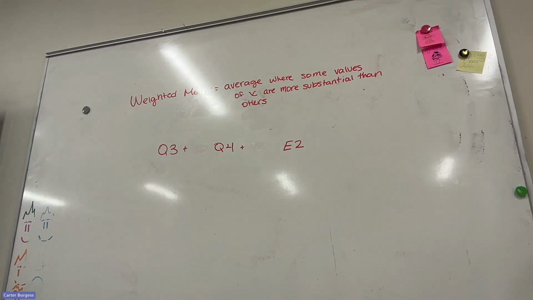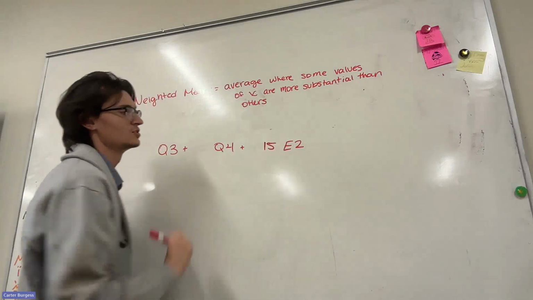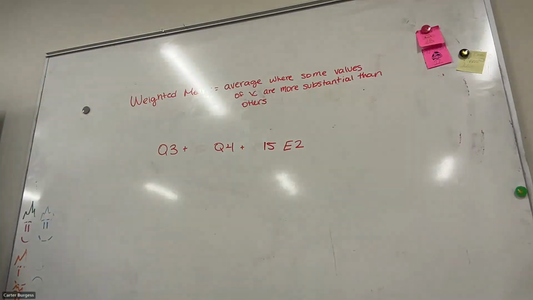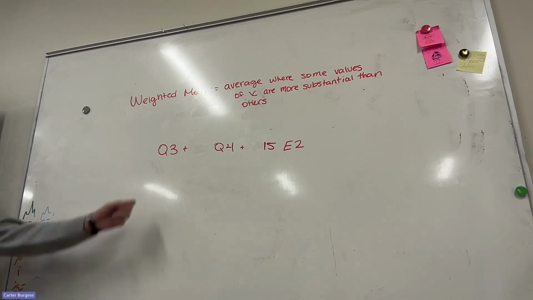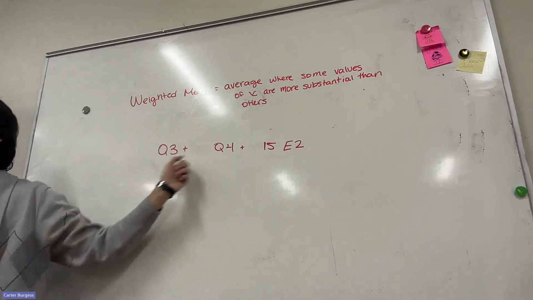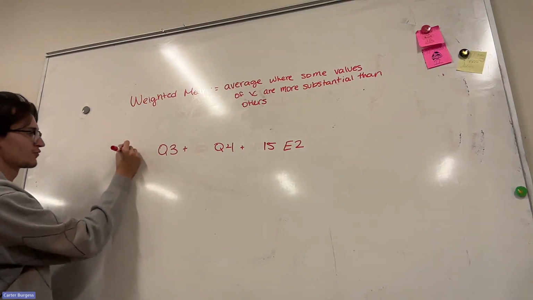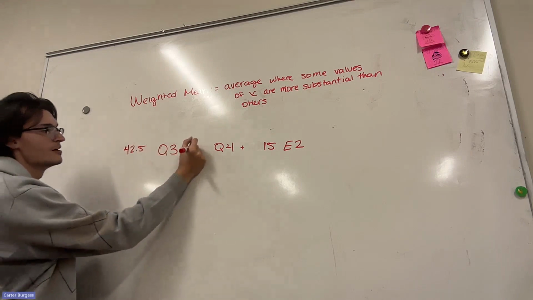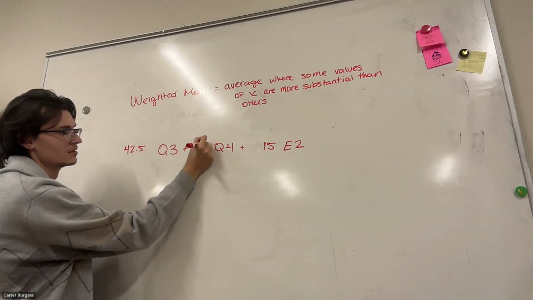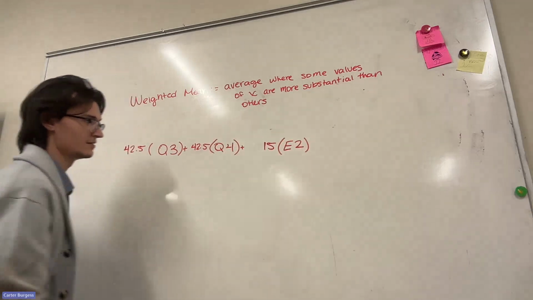How much is a significant chunk? Well, if my E2 contributes 15 points to my final grade, and we know between the two of them we're going to get 85. We know they're equal. Each one will contribute 42.5 points to my final grade.